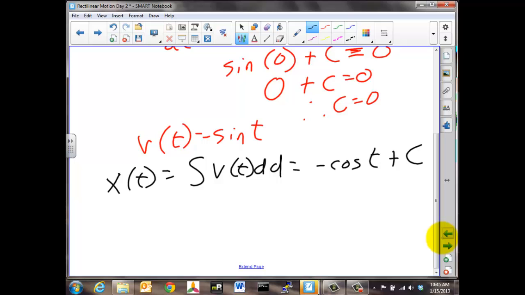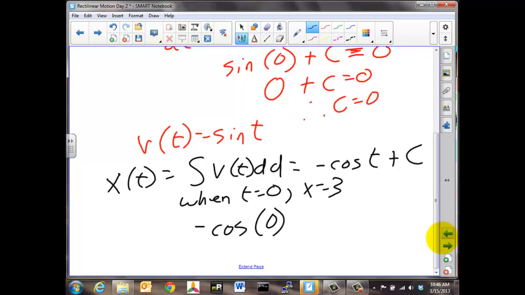We need to figure out what that c is. What information are we going to use this time? The 3. Position. When t equals 0, x equals 3, so we can say minus cosine of 0 plus c equals 3.